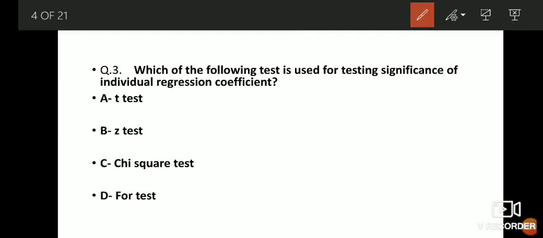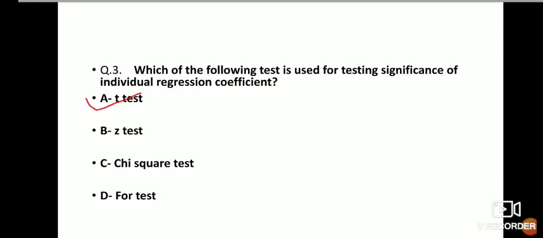Whereas for the significance of overall regression coefficients, we have to use the f-test. And here the question is given for an individual regression coefficient, so it should be the t-test. So here the correct answer is option A, that is t-test.